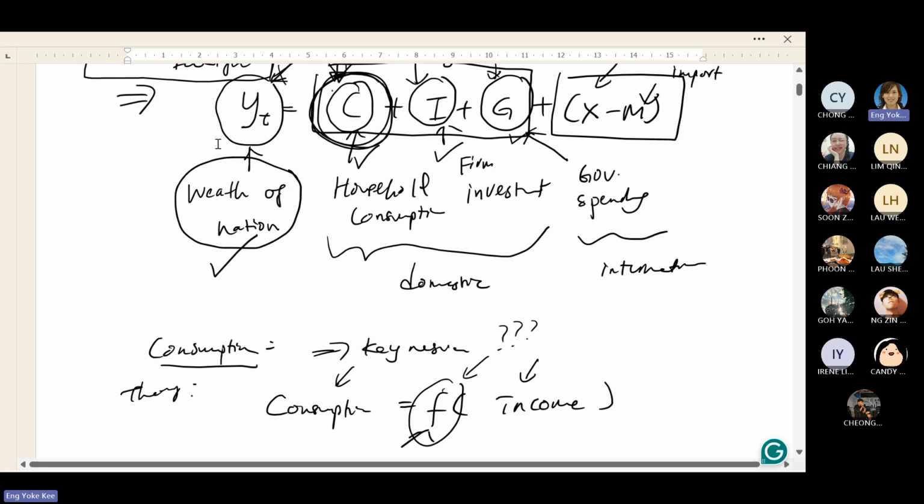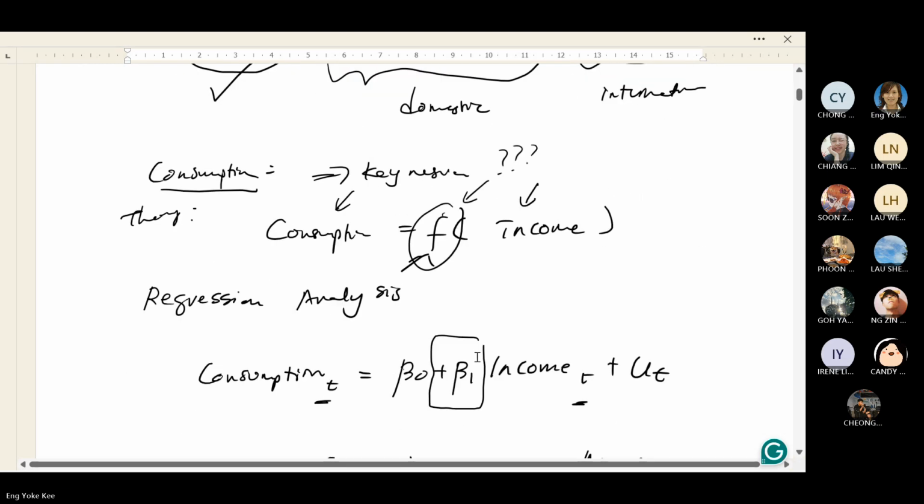So when designing policies or when we want to forecast the Y variable, you can look at the X variable. This is why in the empirical world, there are lots of studies trying to look at this MPC and the consumption function.